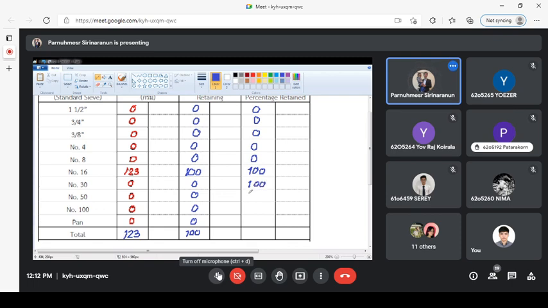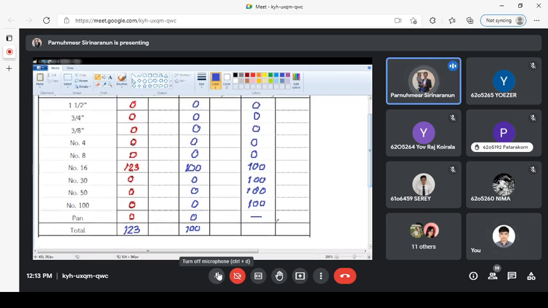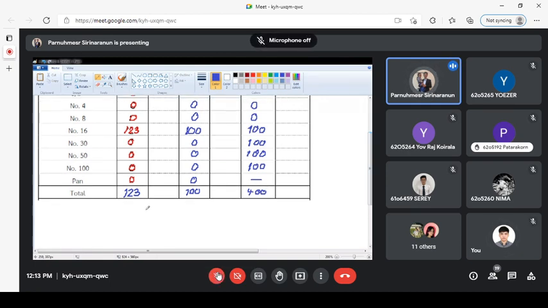And next, no, okay, no compute. Clear? And then find the total sum for this. What do you get? 400.